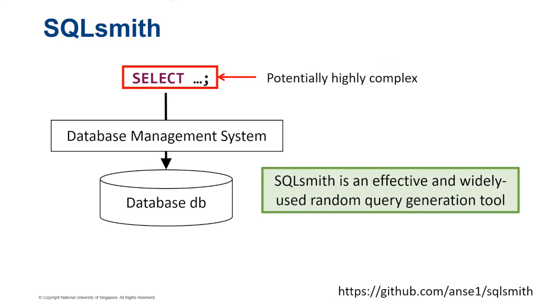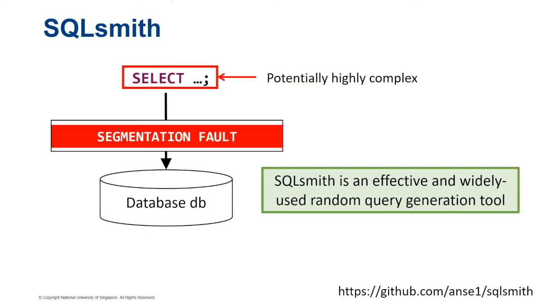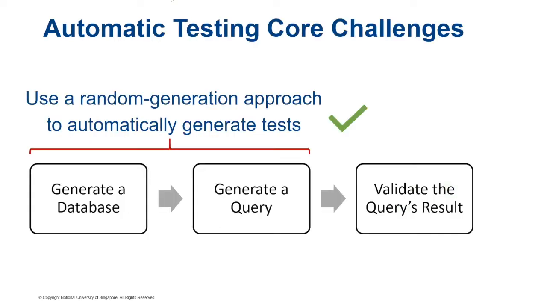SQLsmith is a tool that randomly generates queries, which are potentially highly complex. It sends them to the database management system and then tries to crash it to cause a segmentation fault. So for the purposes of this talk, we already have a feasible approach that we can apply to randomly generate databases and queries, using a similar approach to the one implemented in SQLsmith.